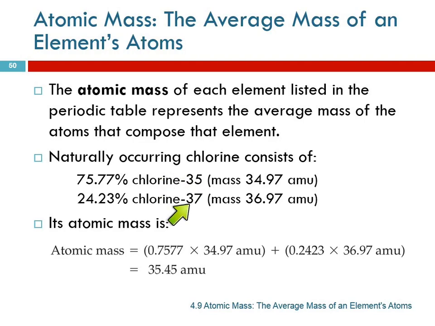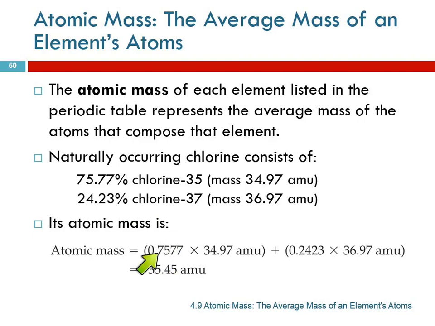This one's about 37. So instead of adding up a whole bunch of these and dividing by some obscenely large number, we use percentages converted into fractions. So 75.77% is 75.77 out of 100. That is equivalent to 0.7577.